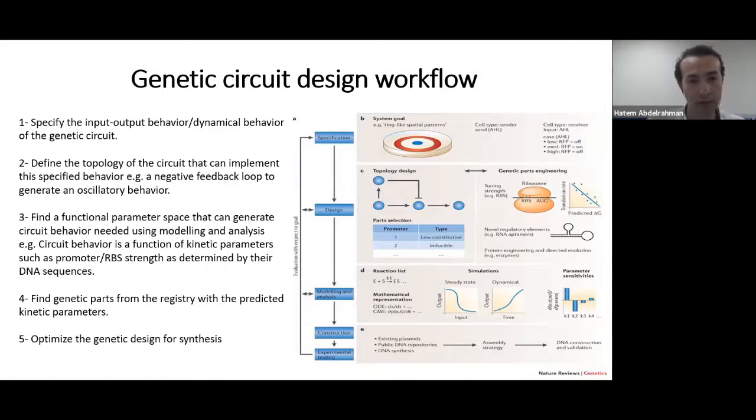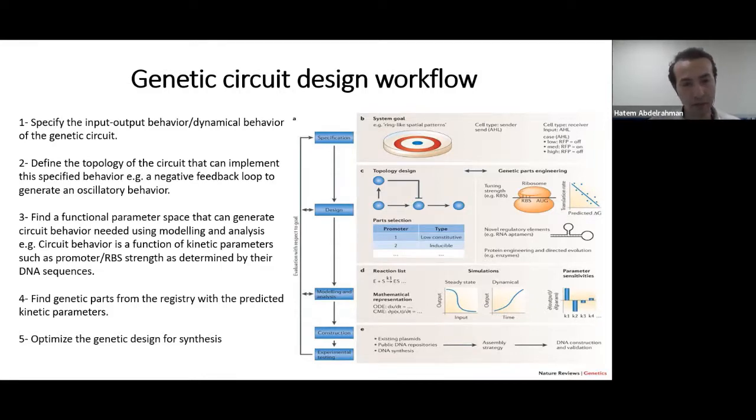And also you can tune the amplitude. So you search for a topology, a structure of interaction, a molecular mechanism that implements the functional behavior that you're looking for. We have, for example, a negative feedback loop, which can generate oscillator behavior. This is an oscillator design. You also have positive feedback loops, which can amplify the signal.